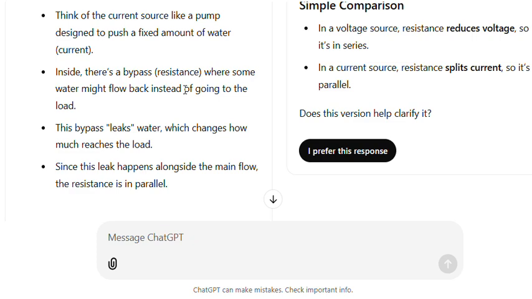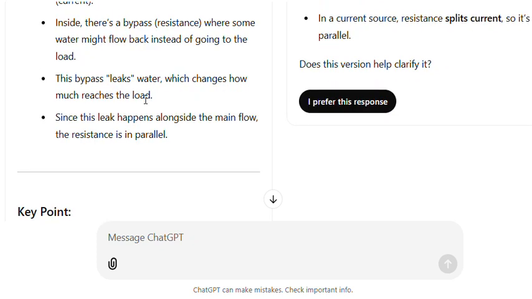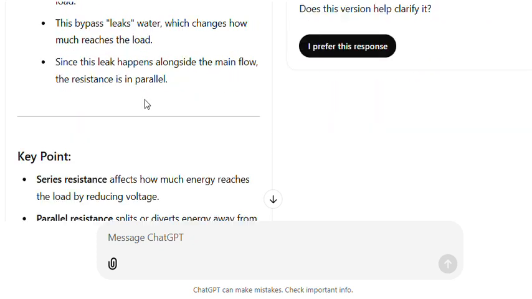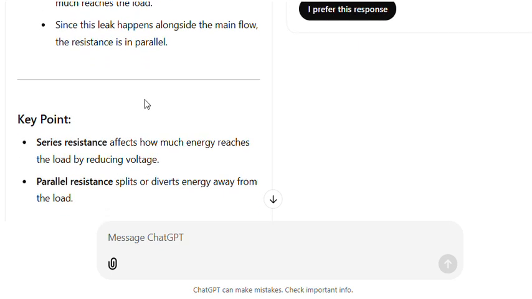Some water might flow back into the load. This bypass leaks water, which changes how much water reaches the load. Okay.